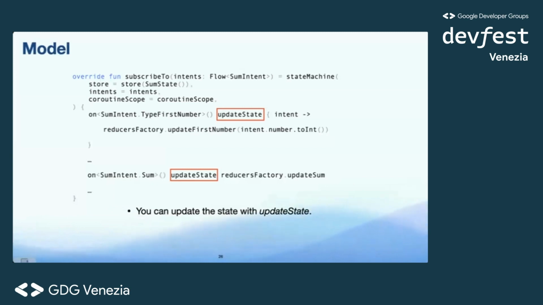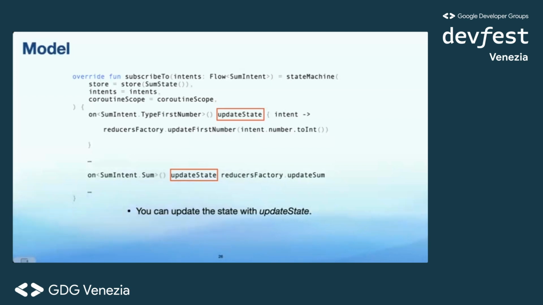And updateState, that function, takes as input another function, which is our reducer. We saw it earlier. So we call reducerFactory.updateFirstNumber, and updateState also gives us the intent. And from the intent that we see in the data class, AddFirst, we can get the number. That's the number that the user is inputting. And then we can pass it to the reducer, so we can update our states.